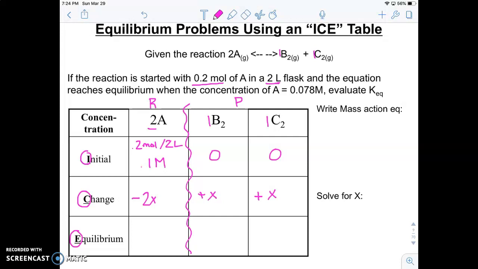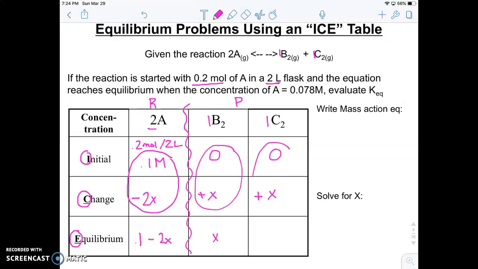Okay? All right, so now your equilibrium concentration, that's taking your initial concentration and your change. So for reactant A, I had 0.1 to start with, and I'm going to minus 2x. For B2, 0 plus x is just x.